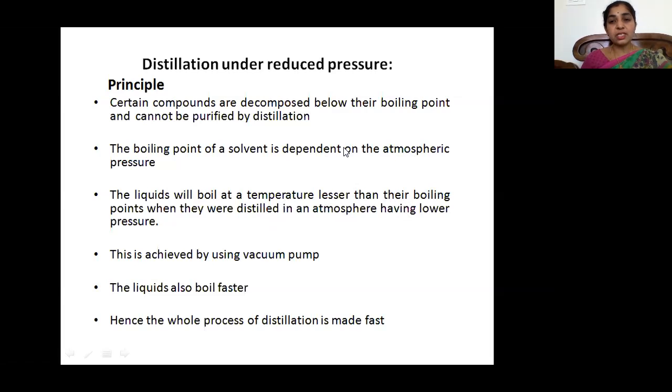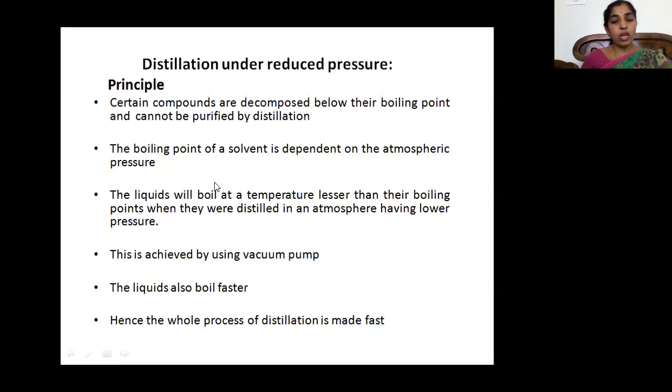You can decrease the atmospheric pressure. When atmospheric pressure is decreased, the liquid starts boiling very much below its boiling point. This can be achieved by a vacuum pump. If you attach a vacuum pump, it will decrease the atmospheric pressure.